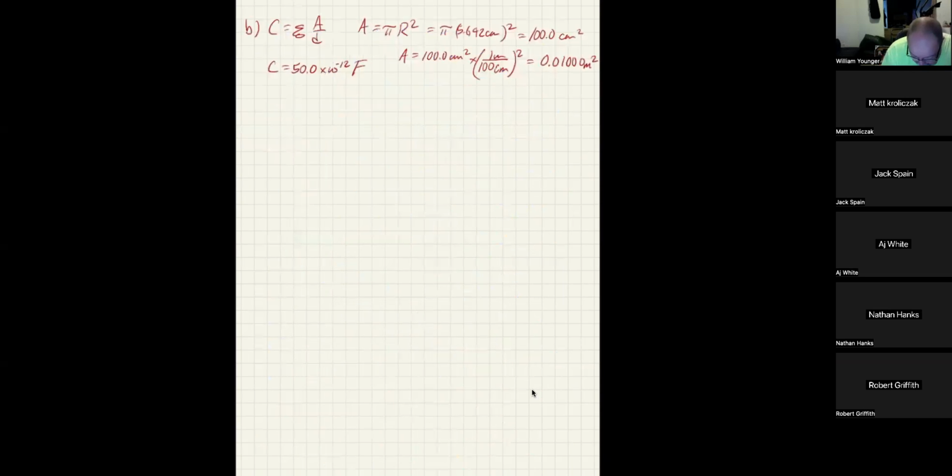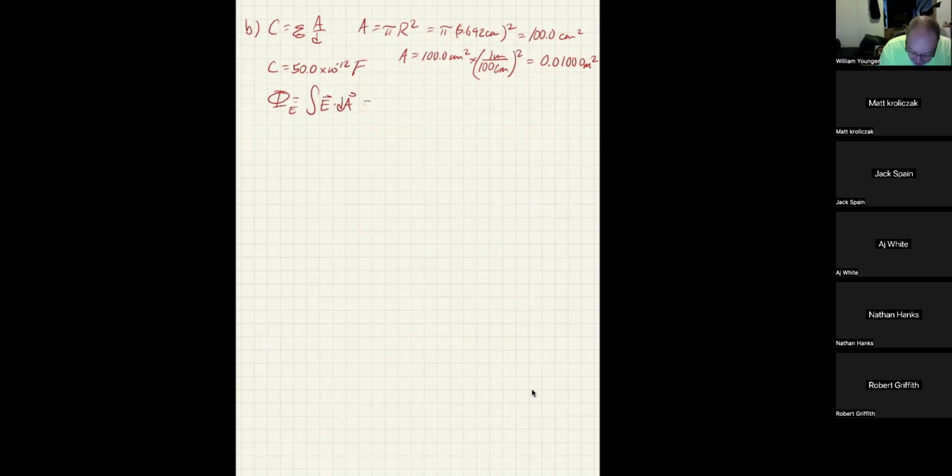Well, the electric flux is equal to the integral of E dot dA. Now, the electric field really isn't changing. If we looked at the face of the positive plate, we'd basically just see electric field lines pointing straight out at us. And that electric field is uniform. In fact, we know exactly what it is.